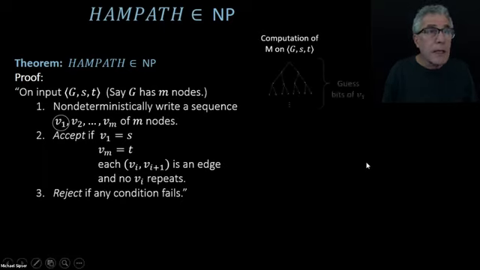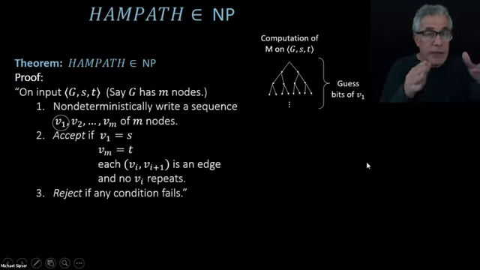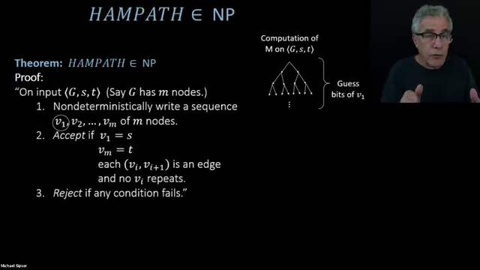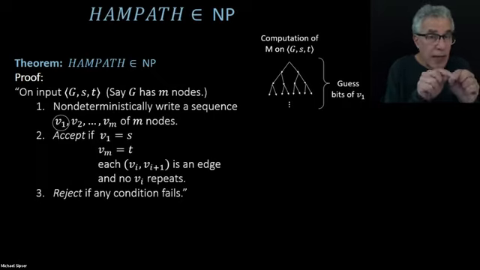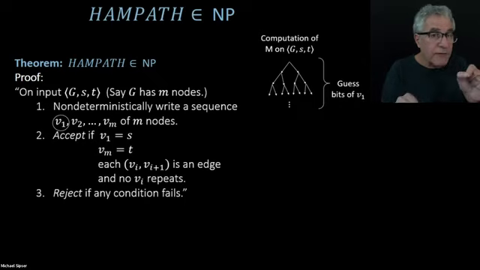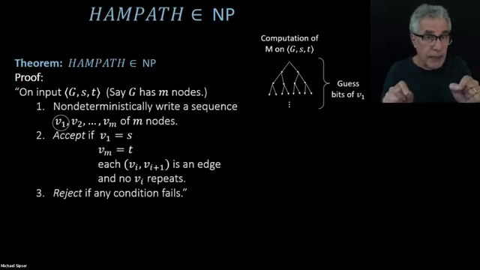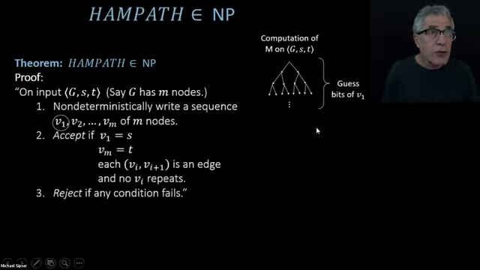Well, it's going to be guessing, via a sequence of non-deterministic moves, the bits that represent the number of the node V1. For example, V1 might be node number 5 in the graph. Because non-deterministically, the machine is on different branches picking all different possible choices for V1. Those are going to be the different branches here.